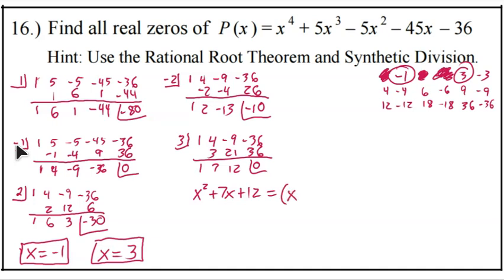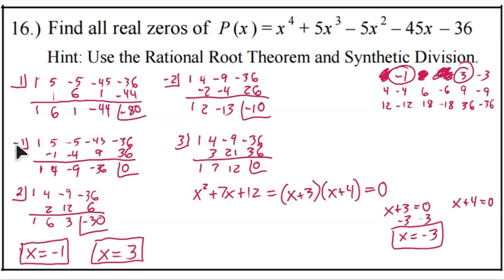So this factors into x plus 3 times x plus 4. We're going to set that equal to 0 and solve. Now we have to set this one equal to 0 and this one equal to 0. So we're going to do x plus 3 equals 0 and x plus 4 equals 0. Subtract 3 here, subtract 3, and we get x is equal to negative 3. That's one of our solutions.